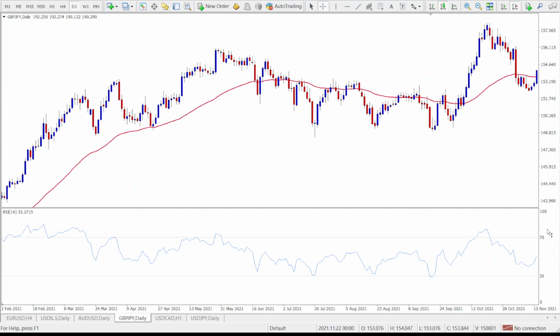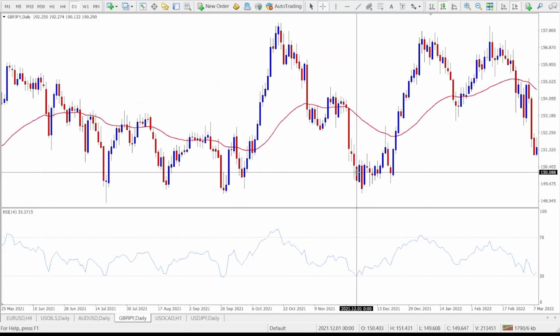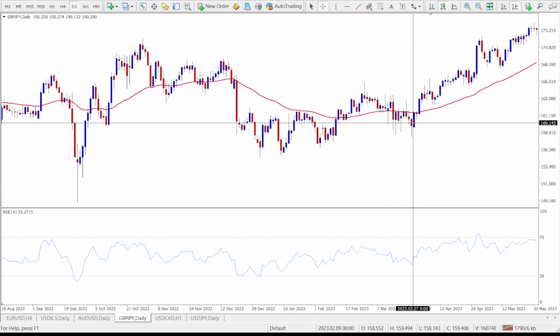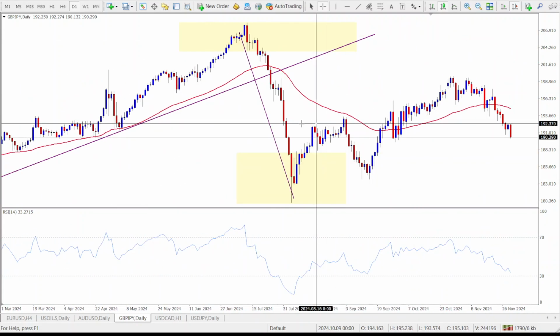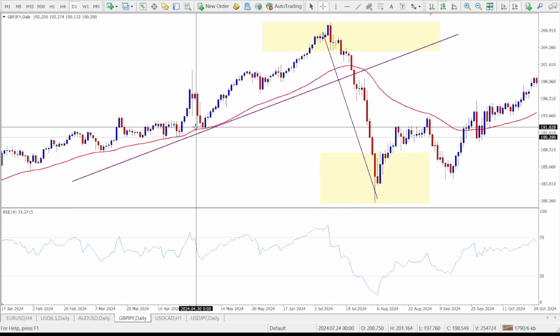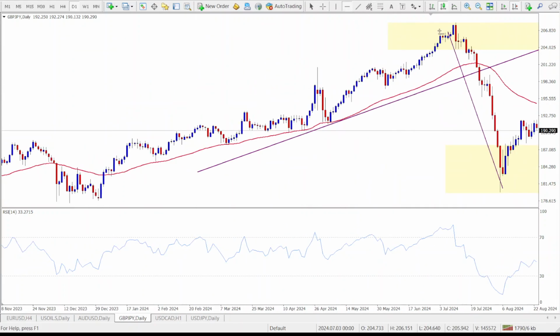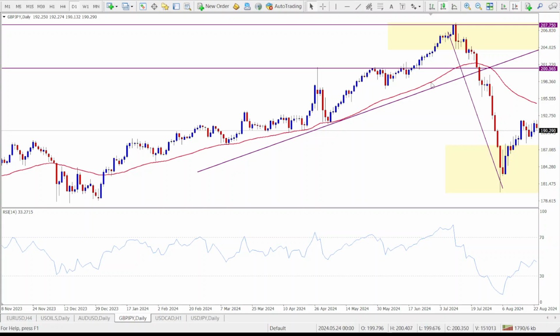Now, never just rely on one tool alone. Confirmation from other indicators helps you to get a more reliable signal. And because of that, I'm also going to recommend making use of trend lines. In addition to your moving average confirmation, you can see what I did here, right? Use trend lines, use horizontal support and resistance zones, because they are going to give you insights into potential reversal points.